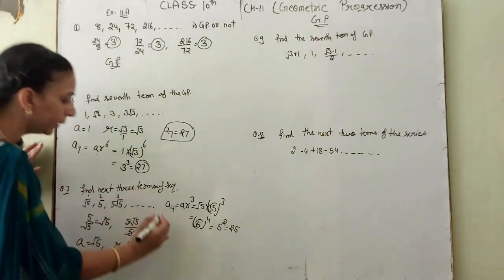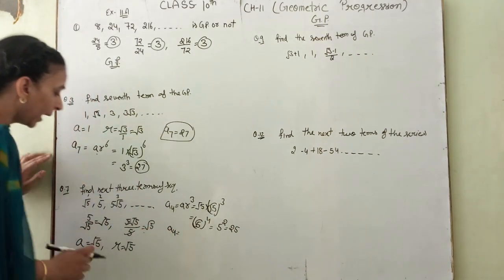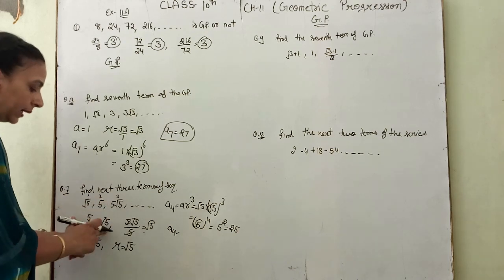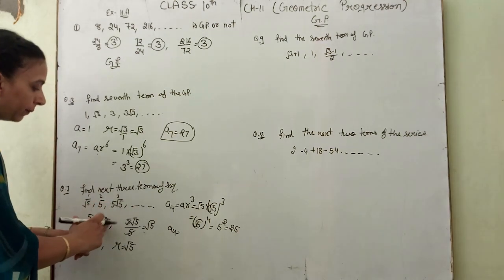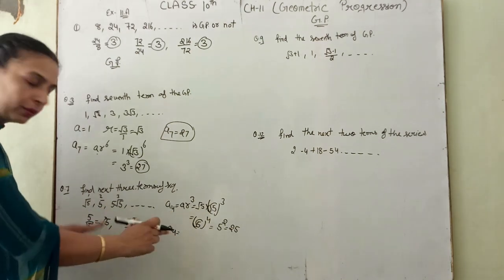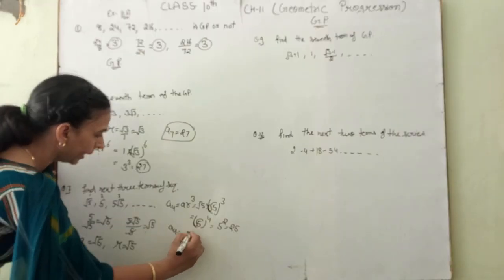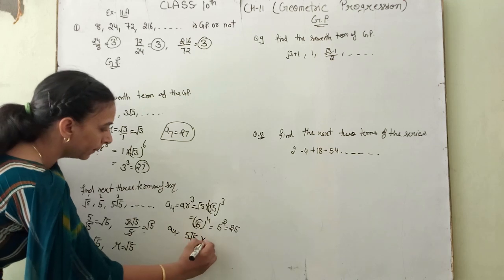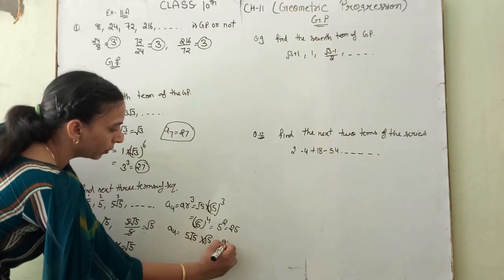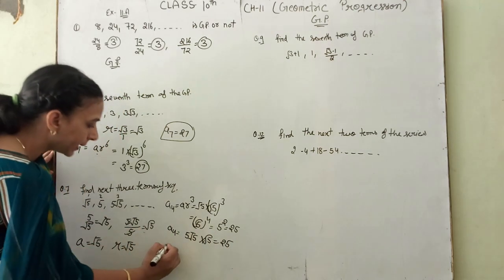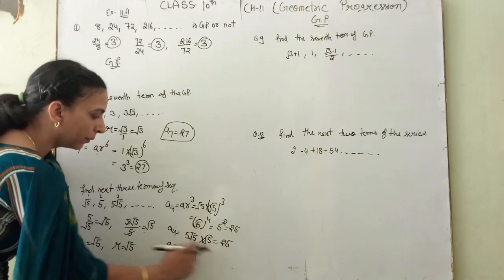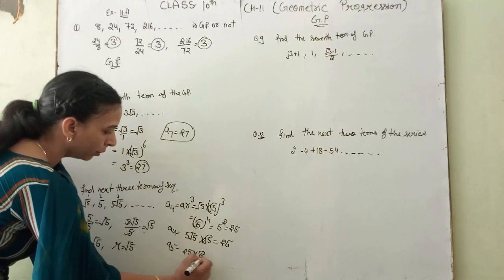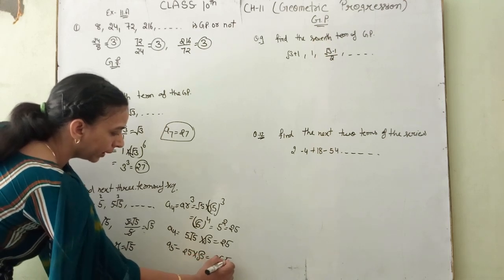We can also find the 4th term by multiplying the 3rd term with the common ratio: 5 root 5 multiplied by root 5 equals 25. Next, the 5th term: 25 multiplied by the common ratio equals 25 root 5.